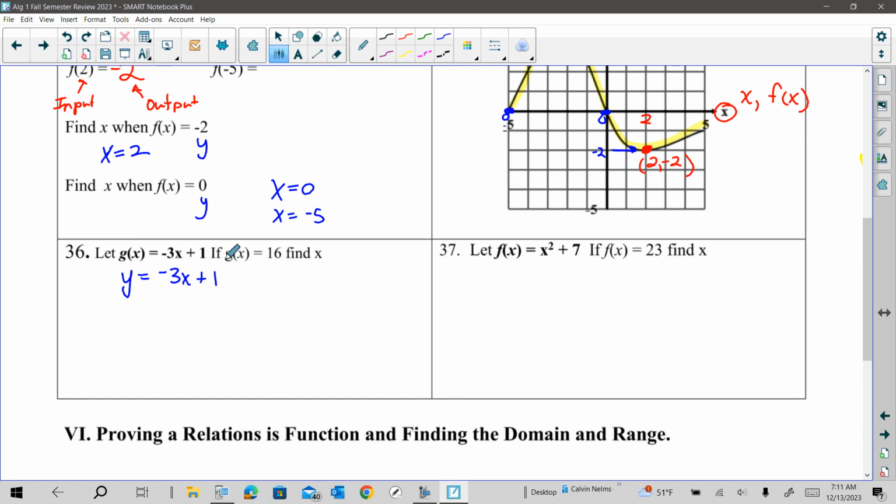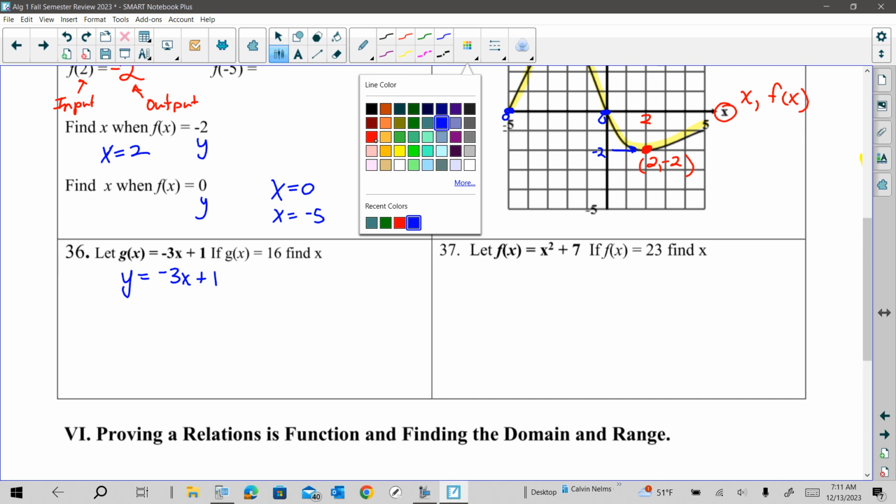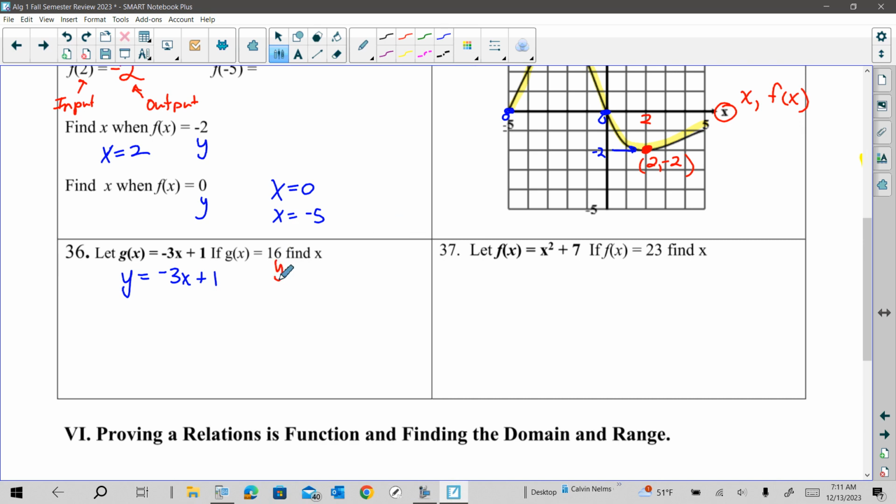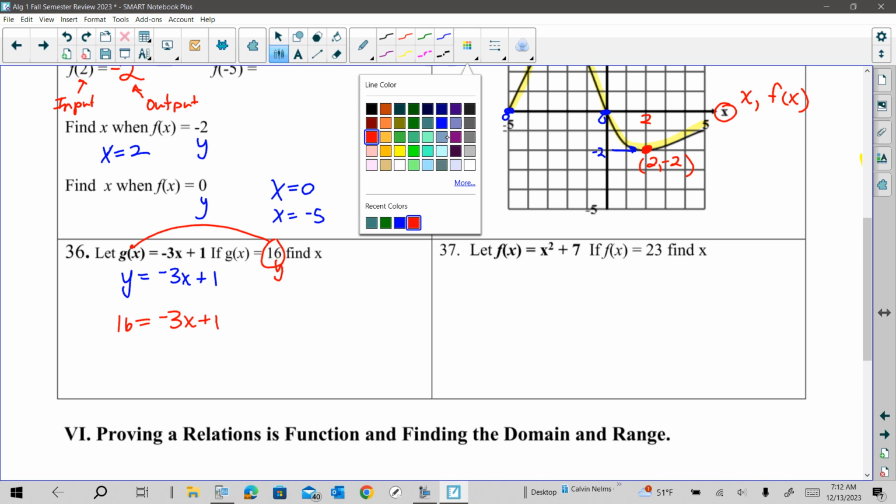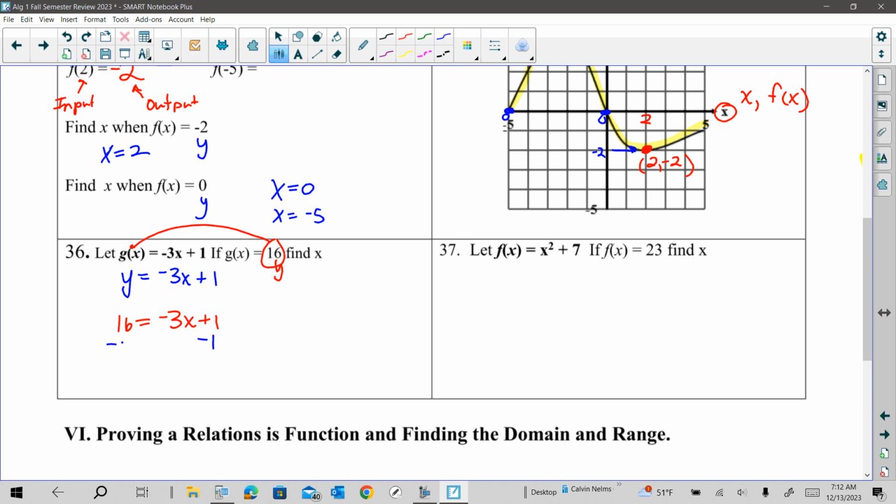Or if I know g of x equals 16, since this is the y, then I can take that number and plug it where the y is. So 16 equals negative 3x plus 1. And just solve it like an equation. So when we're solving here, we're going to do minus 1, minus 1. We get 15 equals negative 3x. So x equals negative 5.